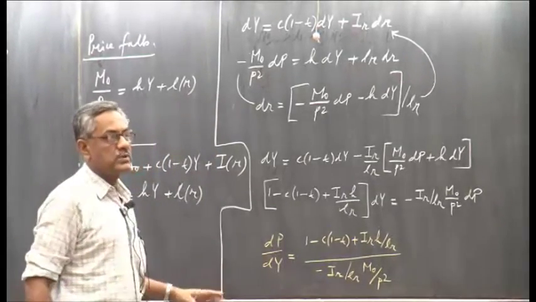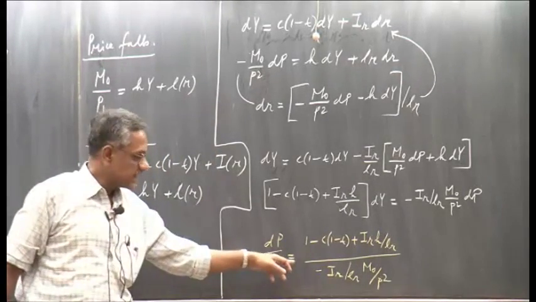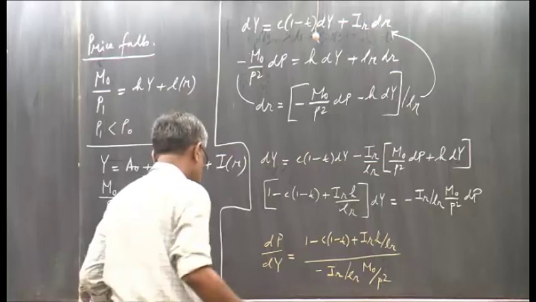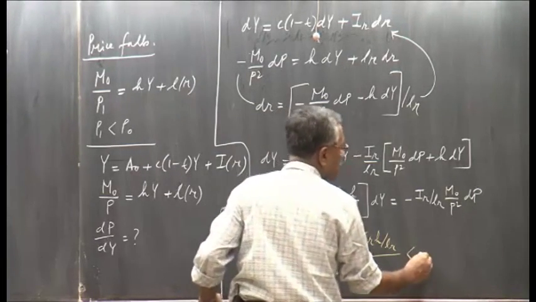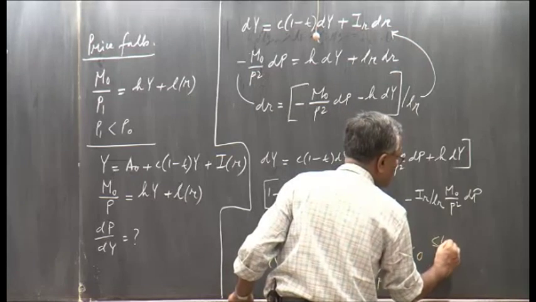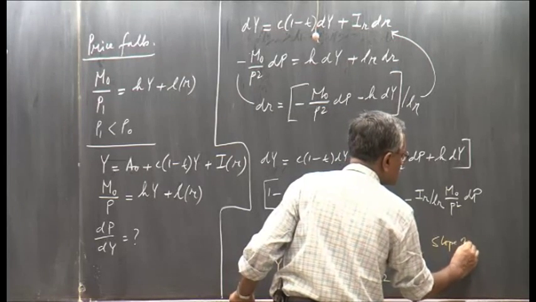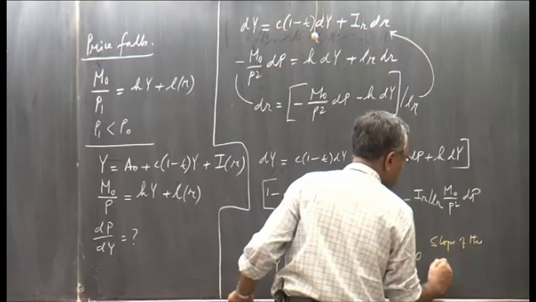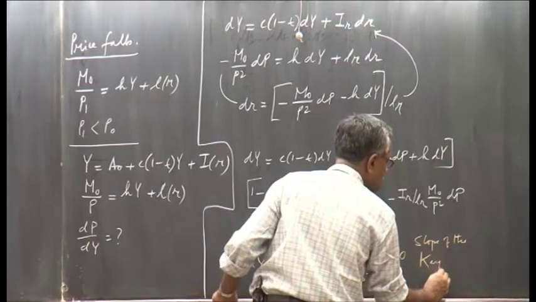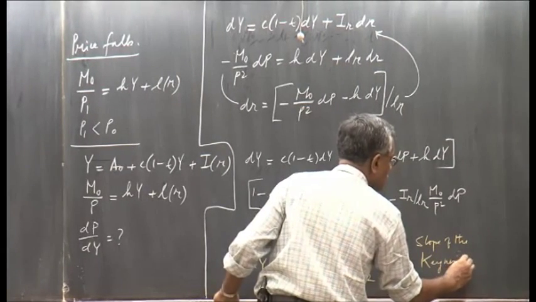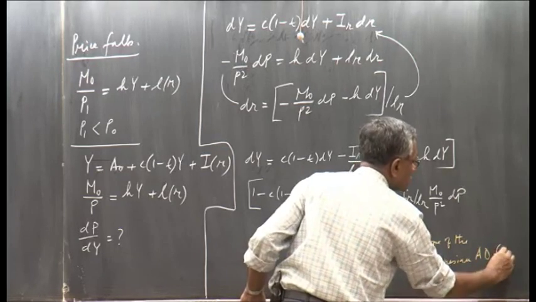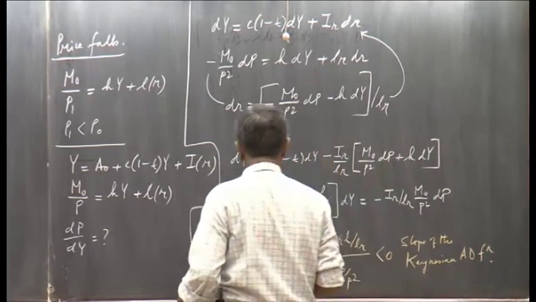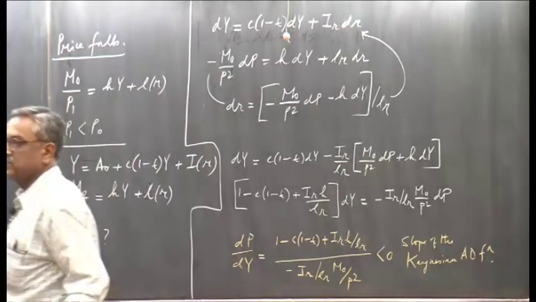So this is your dP/dY. You can see this is a negative term. This will be less than 0. So that's the slope. This is the slope of the Keynesian aggregate demand function.